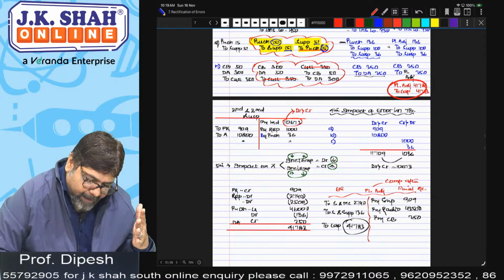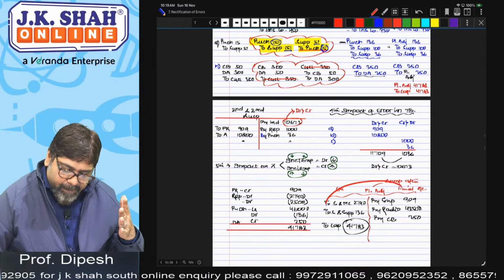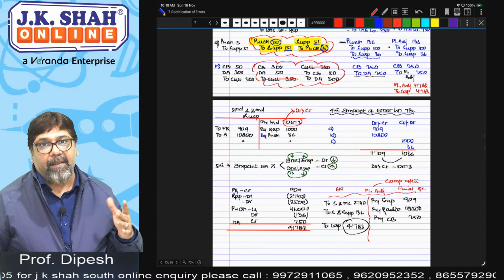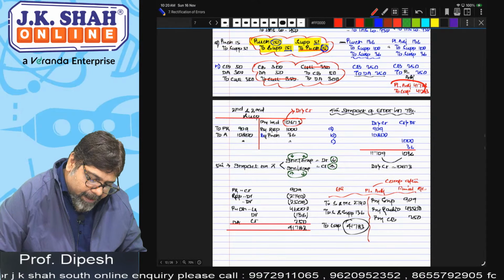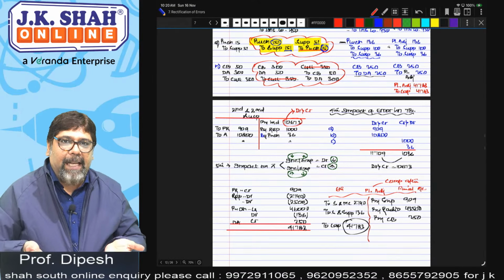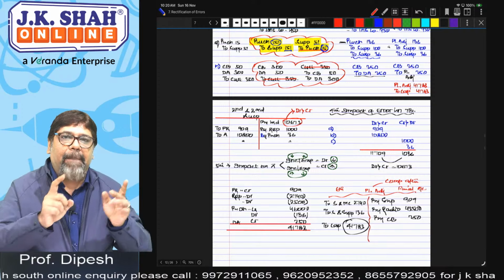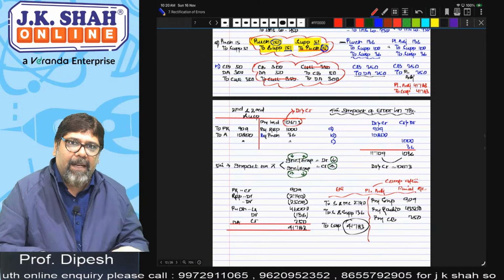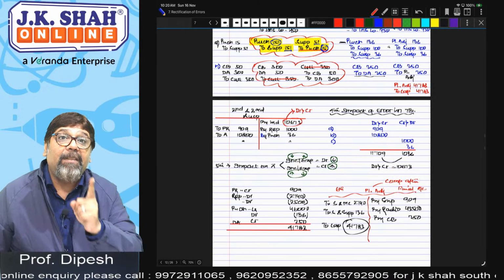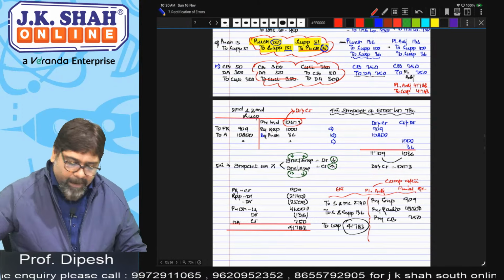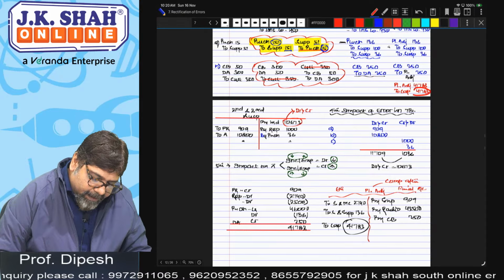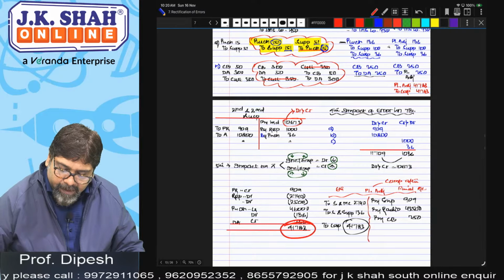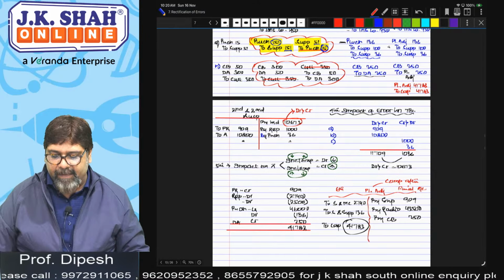The entry is PL adjustment to capital, that means capital account is credited, that means capital account is increasing. Increasing because of what? Profit. Profit is increasing by 41,783.